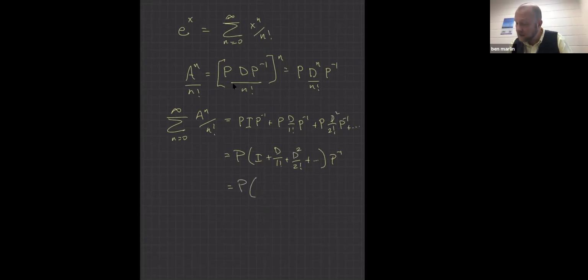So that is going to actually be e to the D P inverse. And e to the D is literally just going to be exponentiate the diagonal.